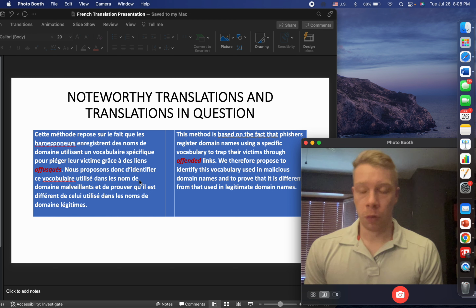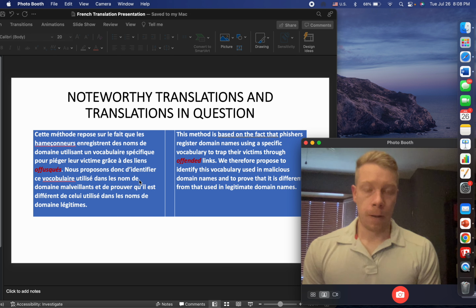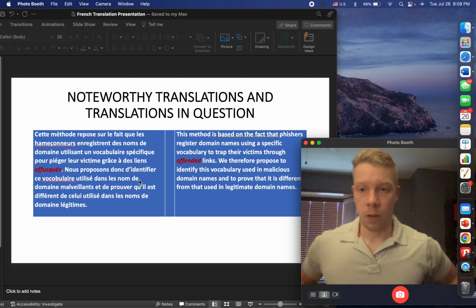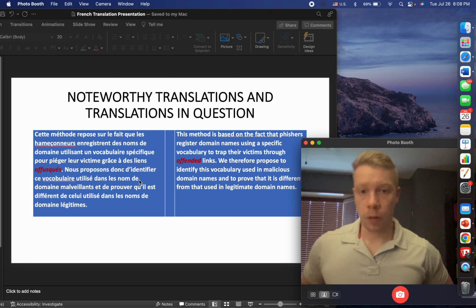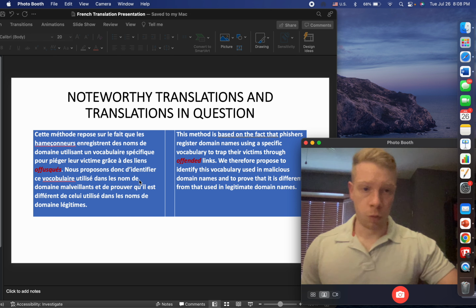In this particular example here is a translation that I'm not totally satisfied with, but I haven't been able to find a decent English term for the French in this, and that may be because I don't know the context of the French verb in order to properly find an English equivalent.